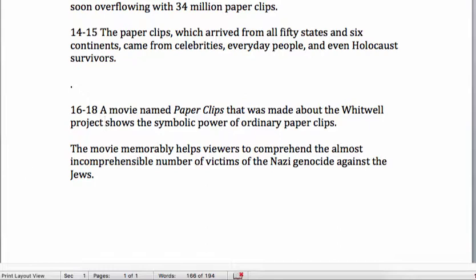Now, how are we going to get this in? The movie memorably helps viewers to comprehend the almost incomparable number of victims of the Nazi genocide against the Jews. Well, we might want to make this whole thing into a relative clause. That, see that for movie.